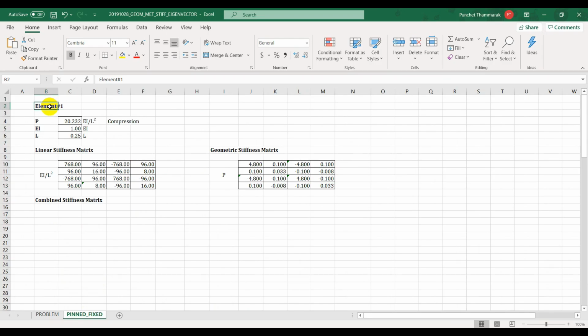First of all, we have to prepare the setup for the geometric stiffness matrix. So you look at this here. I have the infrastructure which is made quite easily like so. P is given in terms of EI over L squared. So later on, when you plug P into the geometric stiffness matrix, it is P over L multiplied by the things inside, right?